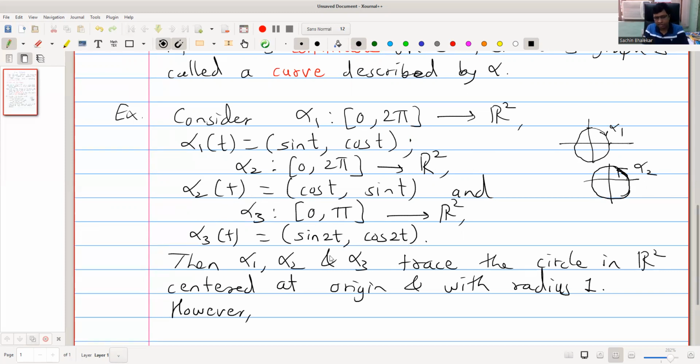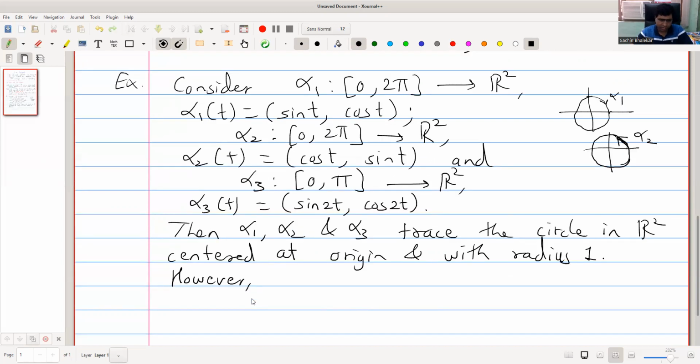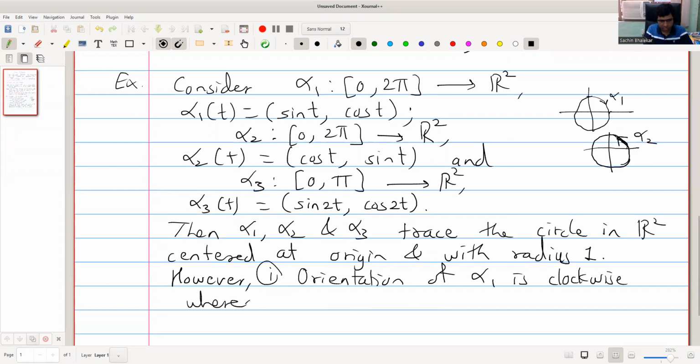What about the third? First thing, the orientation of alpha 1 is clockwise, whereas the orientation of alpha 2 is anti-clockwise.